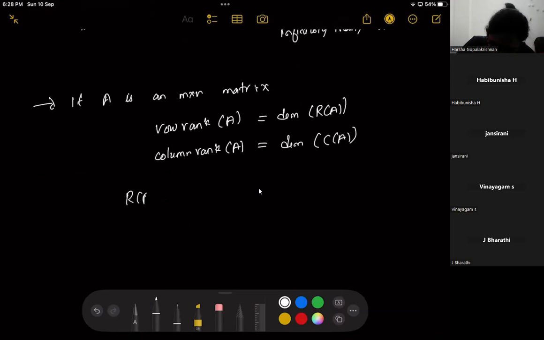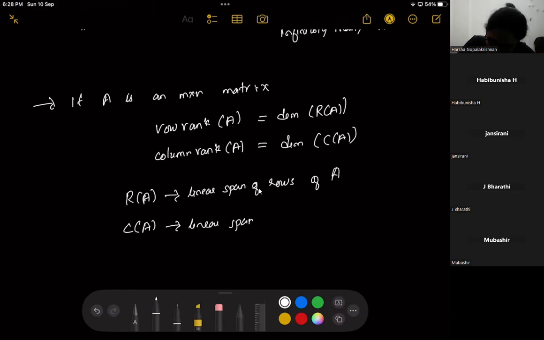R of A is the linear span of rows of A, and C of A means the linear span of columns of A.